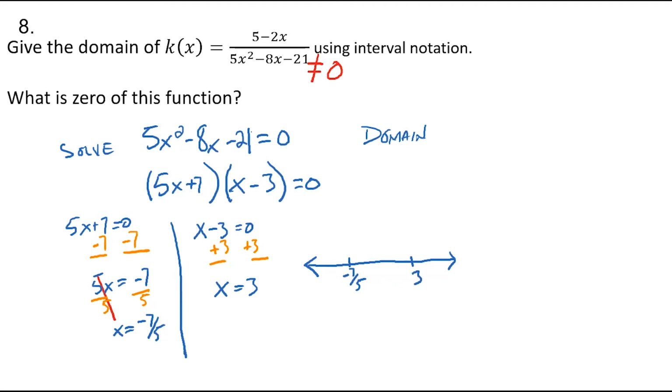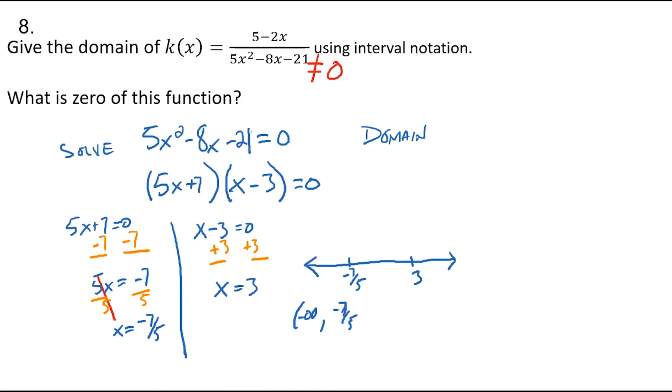So here are our sections, where we have negative infinity up to negative 7/5.